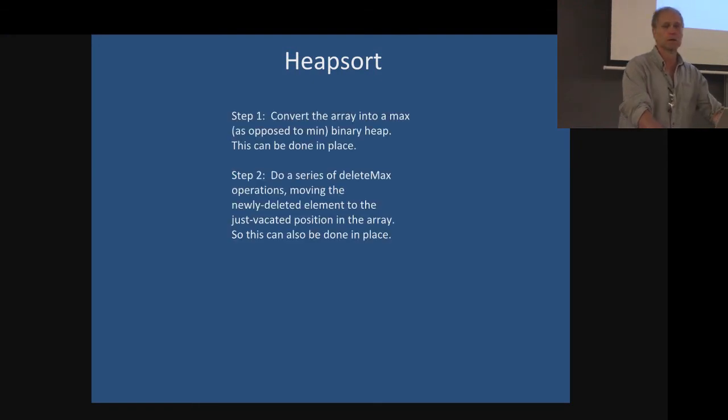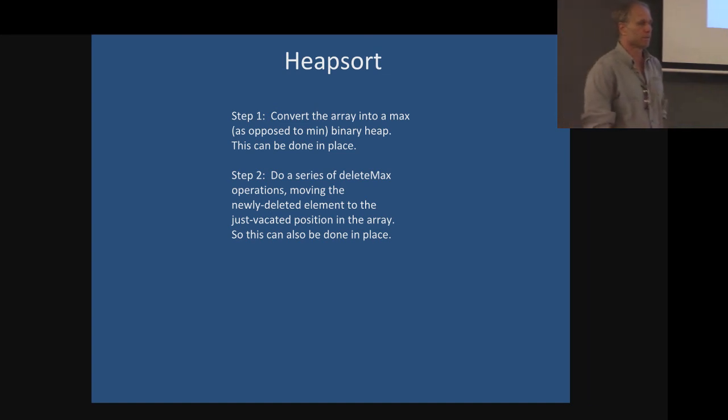Okay, so as I mentioned before, and as you've probably seen before, you can sort using a binary heap. Basically, the first step is you throw everything into the heap, and then you start doing delete mins, and they'll come out in order. It's just an efficient way to sort. It's an n log n way to sort using a binary heap.